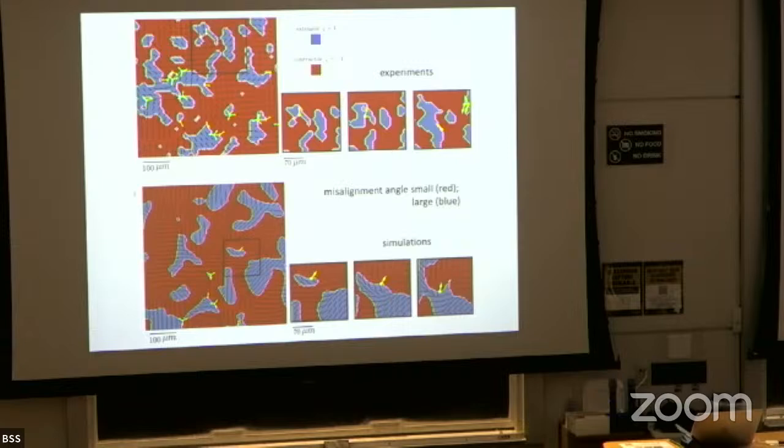Those are the shape, I think. Yeah. So in the experiment data, I can see both have defects. They're at the boundaries and they're pointing from contractile to extensile or the other way. In the simulations, I only ever see them pointing from extensile.